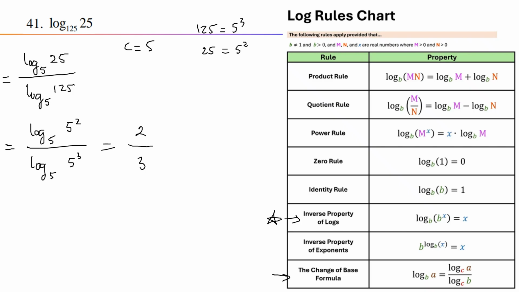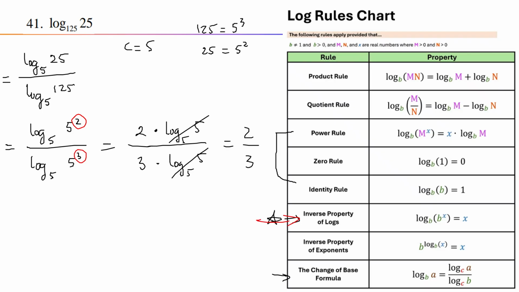Or you can use the power rule and identity rule to solve for it. So multiply log base 5 of 5, multiply log base 5 of 5. This is gone. Then 2 over 3. Same thing. So quicker is the inverse property of logs.